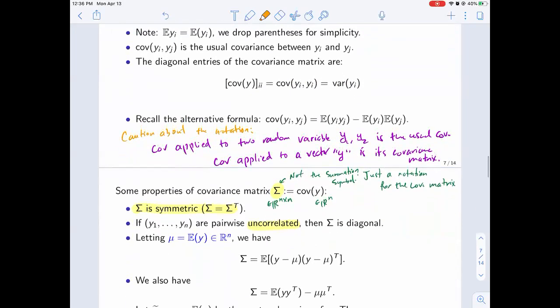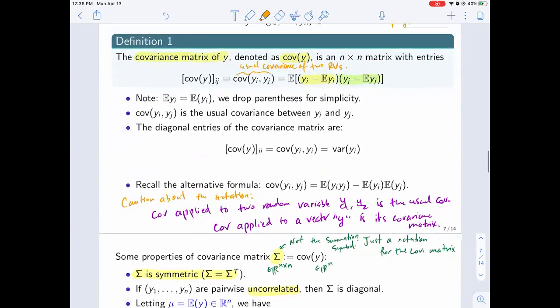There's this alternative formula as well. You can write the covariance as the expectation of a centered version of the random variables. Centering means removing the mean or the expectation. So I subtract the expectation of yi from yi, which gives me the centered version of yi, and I also have the centered version of yj.